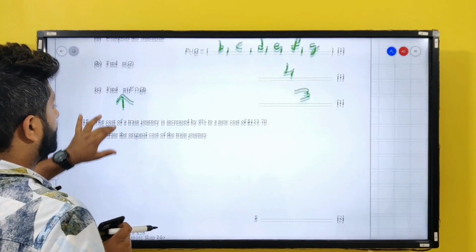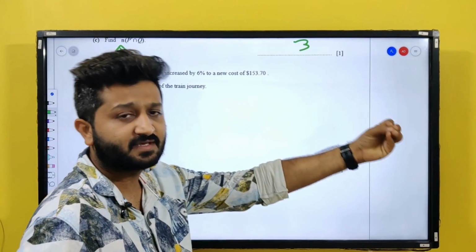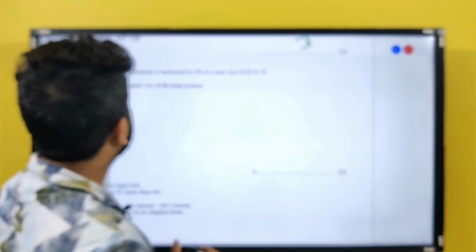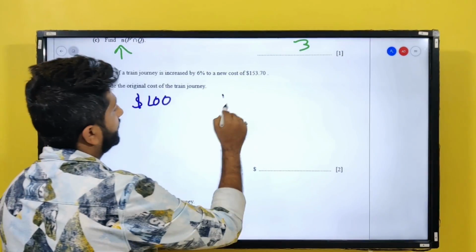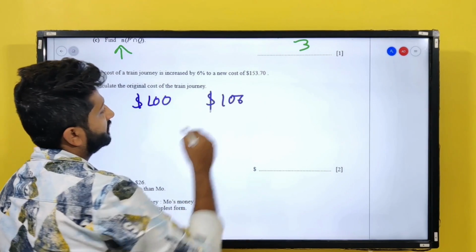Next. The cost of a train journey is increased by 6% to a new cost of $153.70. Find the original cost of the journey. Okay. So let's say initially the cost was $100. Now the cost is increased by 6%. So your new cost is $106.